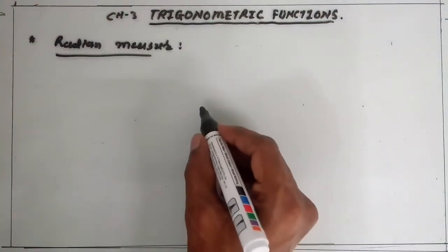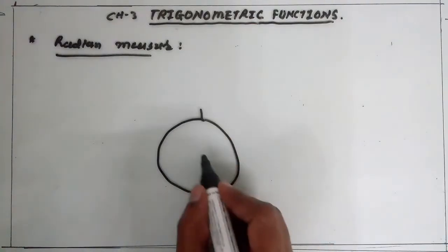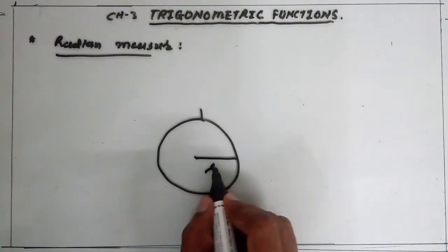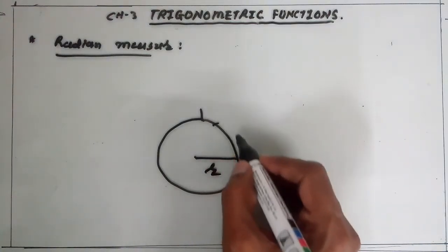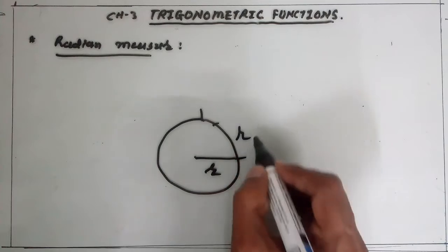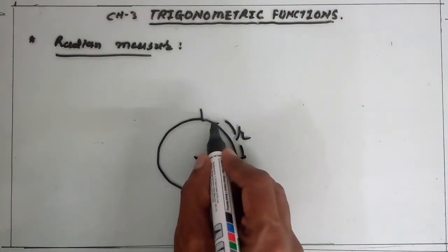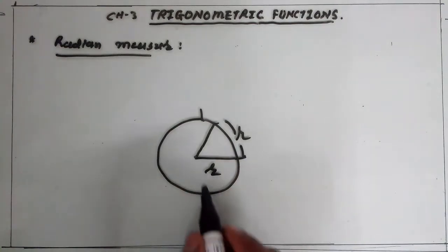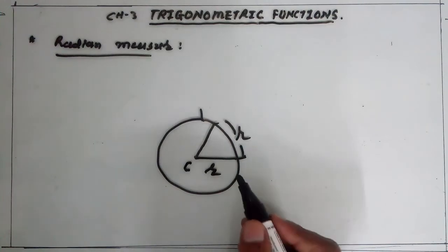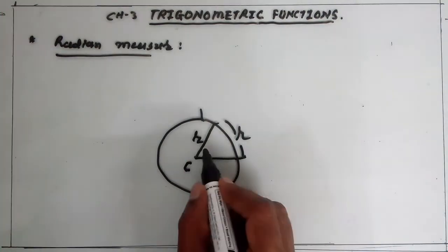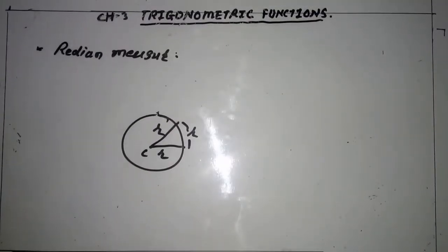If in a circle with radius r, an arc of length r subtends an angle at the center of this circle, then the measure of this angle is called 1 radian.